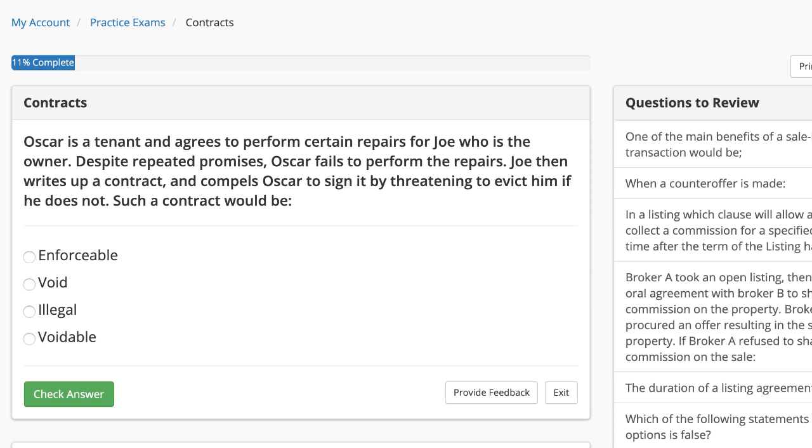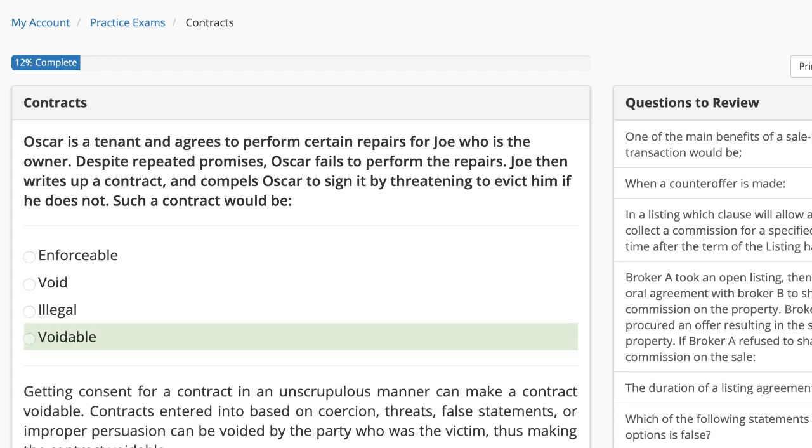I'll read that again. Oscar is a tenant and agrees to perform certain repairs for Joe, who is the owner. Despite repeated promises, Oscar fails to perform the repairs. Joe then writes up a contract and compels Oscar to sign it by threatening to evict him if he does not. Such a contract would be... the answer is voidable.